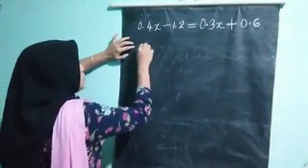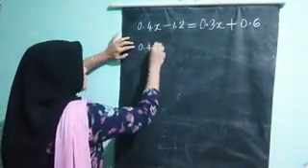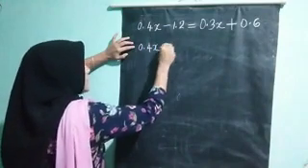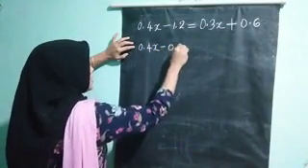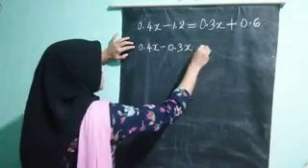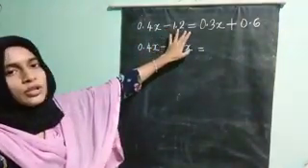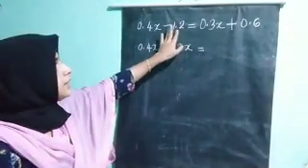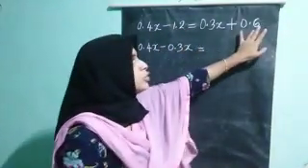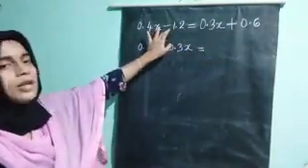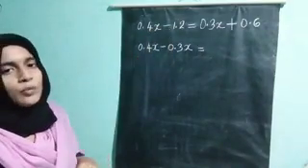So 0.4x minus 0.3x. Here there is minus 1.2 constant. I am taking this minus 1.2 to this side, so it will become plus 1.2.